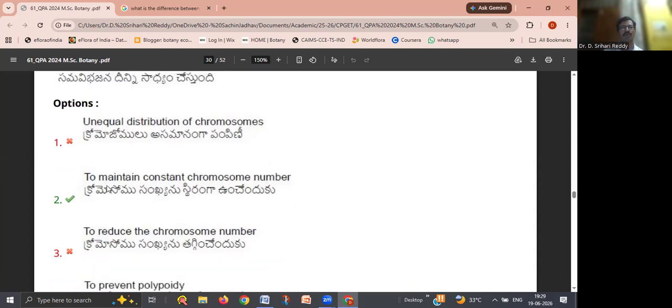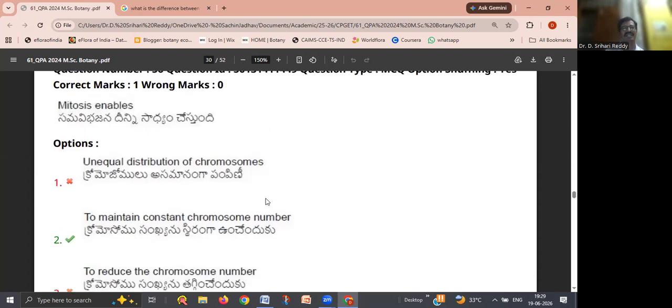And the next option is to maintain constant chromosome number. That is the right option, because in mitosis, the chromosome number is doubled, and in the anaphase they are separated to the opposite poles.